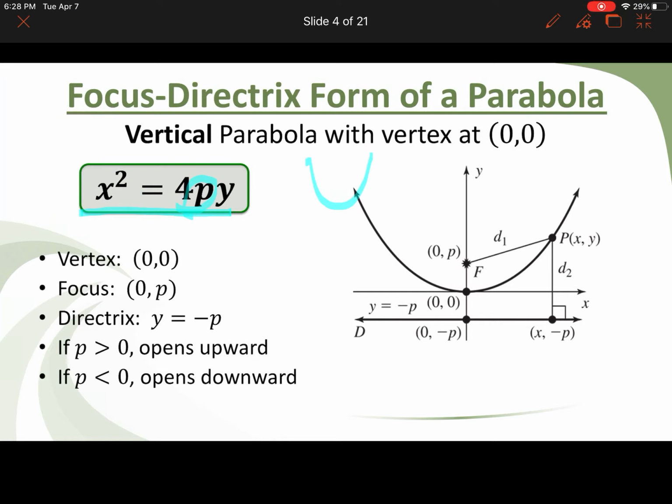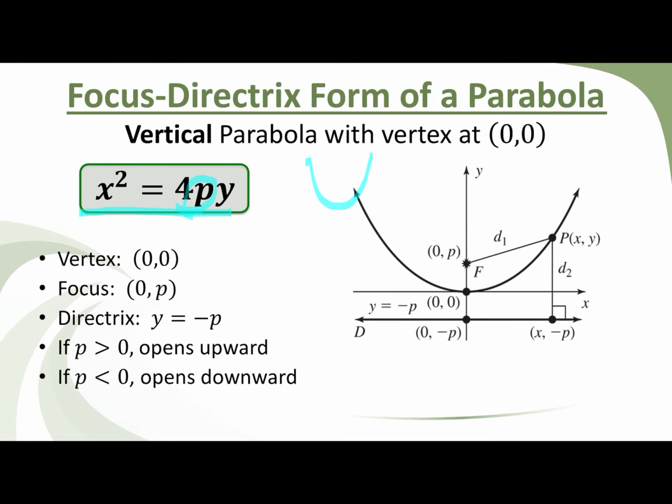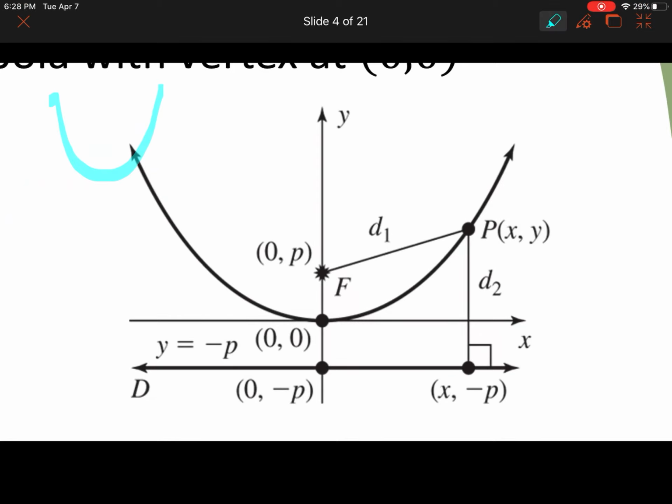So here's our picture. This is like the other one we had. This is p, and this distance going down is the opposite of p.